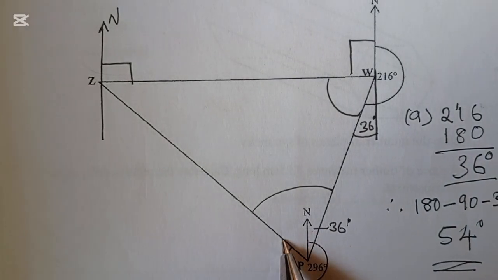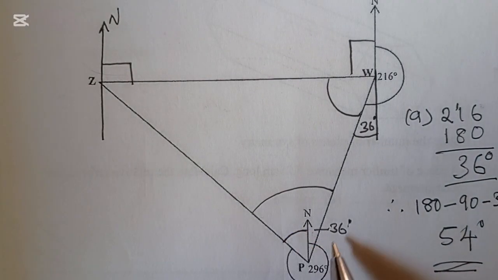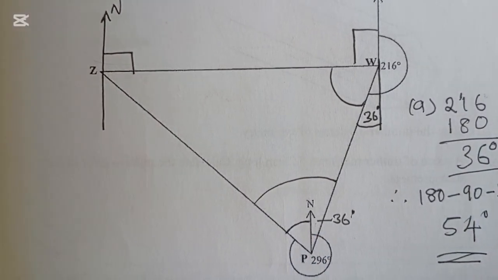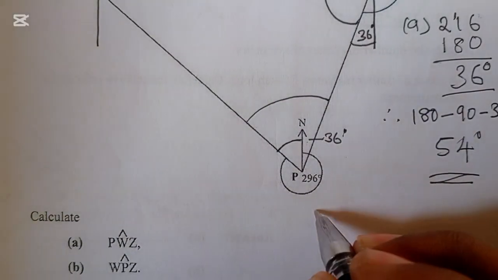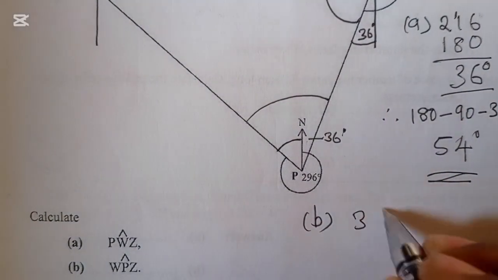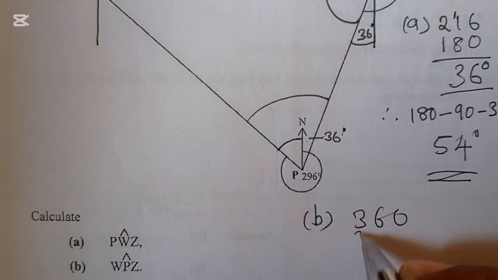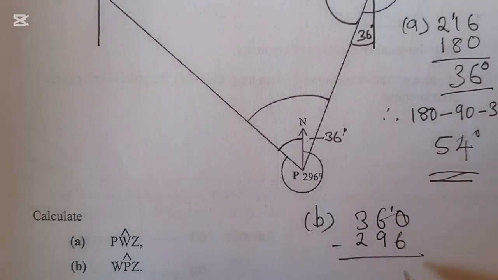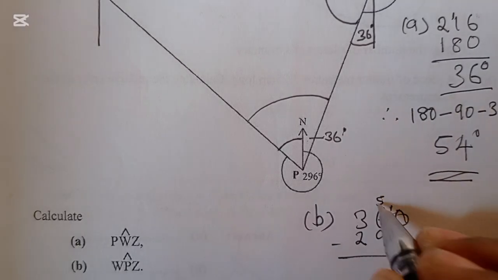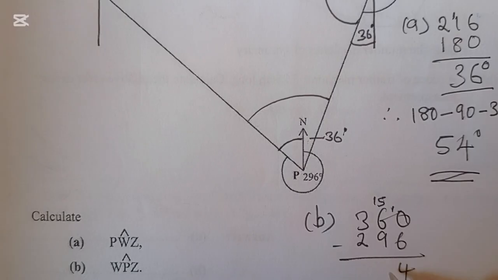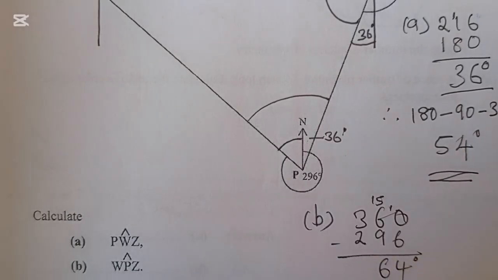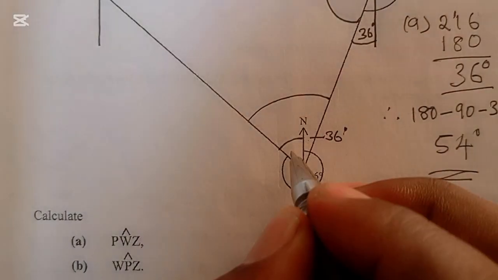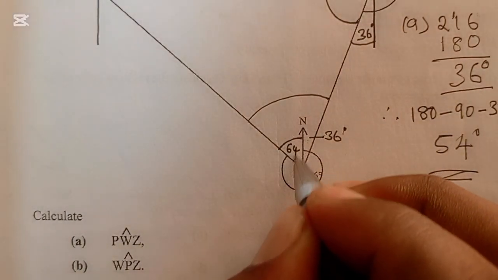So we can find this angle here and add it to 36. A full turn is 360, so I'll say 360 minus 296, which gives 64 degrees. So this angle here is 64 degrees.